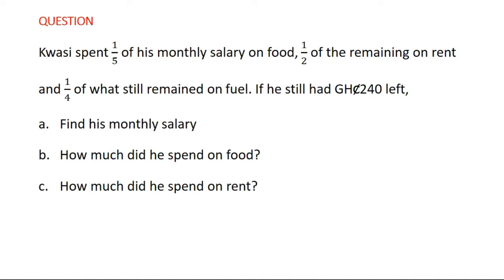Then what remained after he had spent on rent, he spent 1/4 of that on fuel. Then after the whole thing, he still had 240 Ghana cedis left on him. So we are being told to A. Find his monthly salary, B. Find how much he spent on food, and C. Find how much he spent on rent.